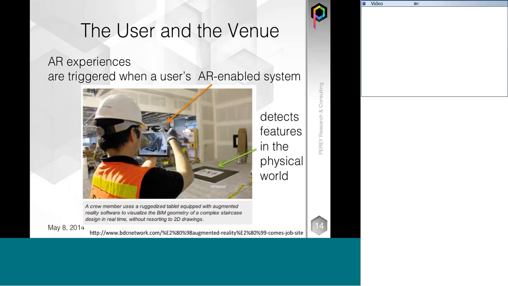Those features are in the physical world, and this person who's using the tablet with some augmented reality software installed on it is using the building information management system to pull out the model of the future staircase that will be positioned there. So by using the augmented reality software and combining that with the digital data that's in the BIM system, you can superimpose that and make sure, as the staircase is being built, that it's complying with the designer's goals and the designer's specifications.